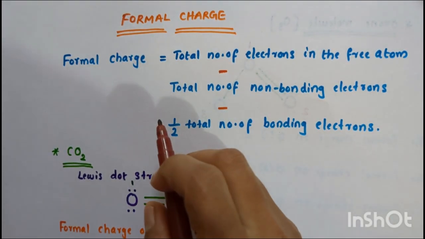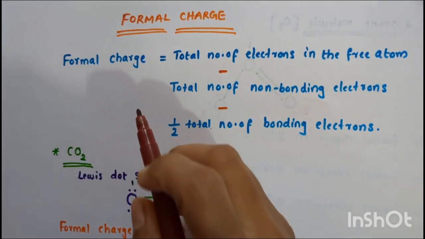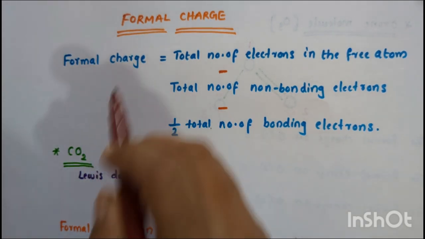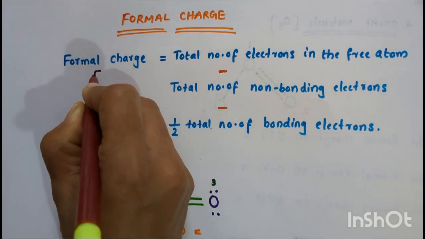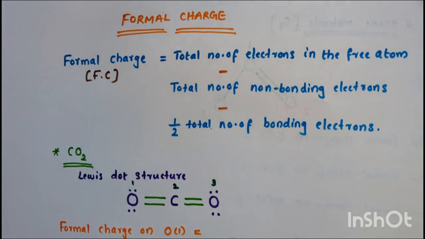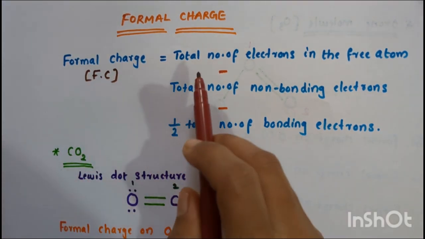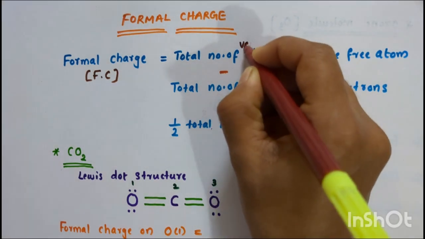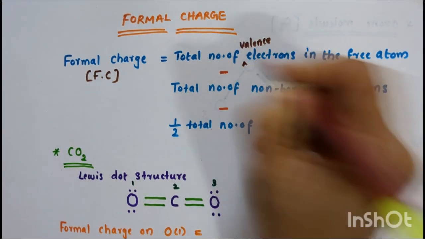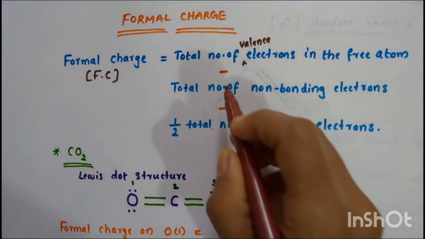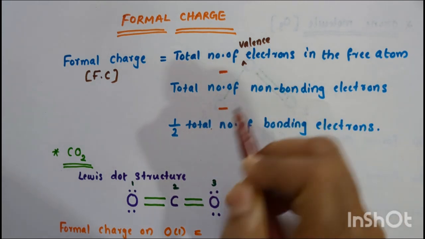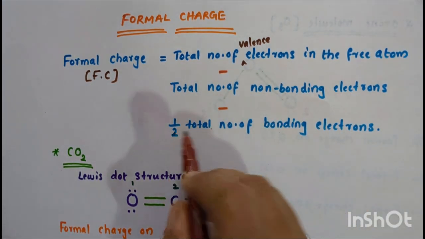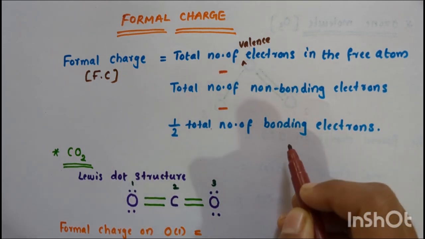The easy formula to get the formal charge of an atom in a Lewis structure is: formal charge, which I am representing with the two letters Fc, is equal to the total number of valence electrons in the free atom, minus the total number of non-bonding electrons, minus half of the total number of bonding electrons.